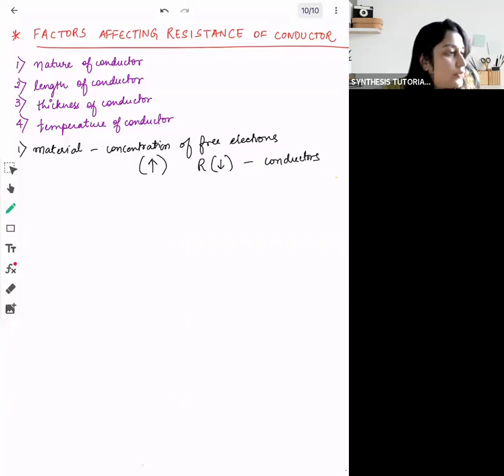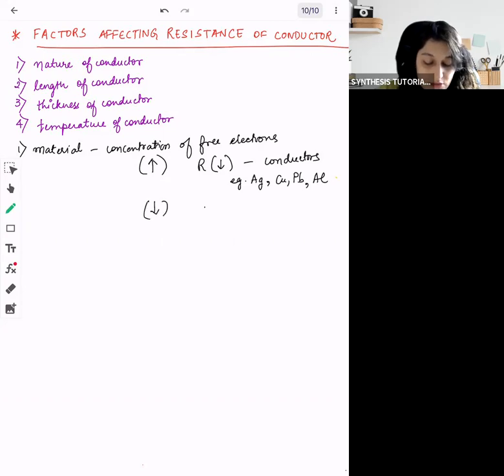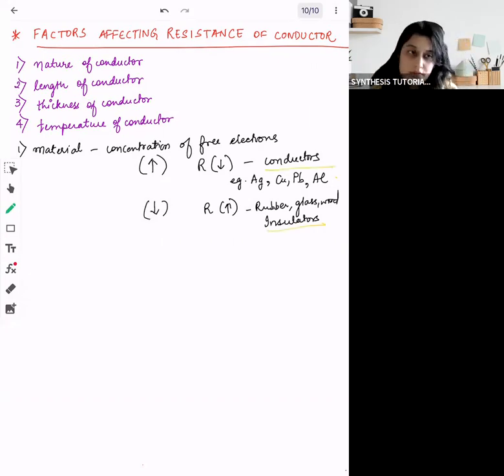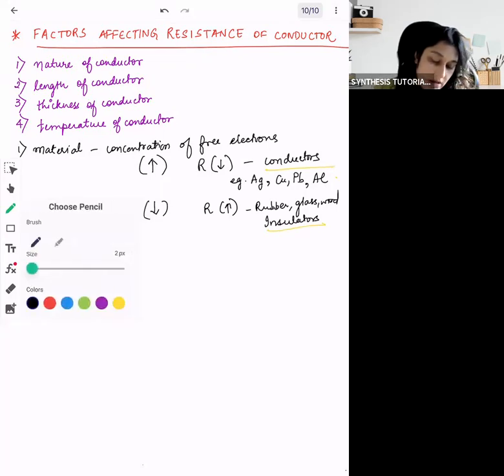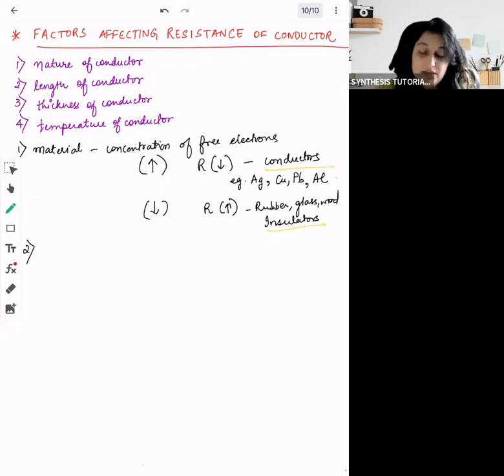Examples are silver, that is Ag, copper, lead is Pb, and aluminium. While if the concentration of electrons is less, then resistance is very high. Examples are rubber, glass, wood. These are called insulators. You can of course add resistors as a separate point, but that's fine. So this is how the material also decides the kind of resistance.